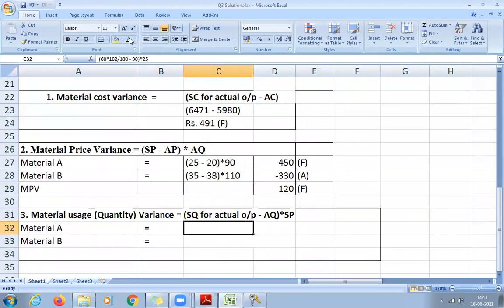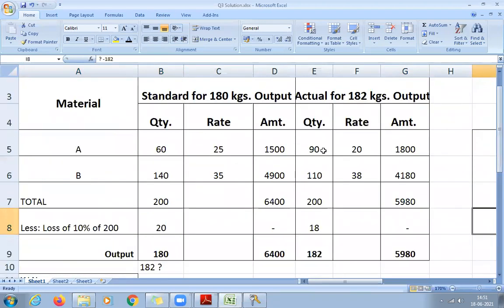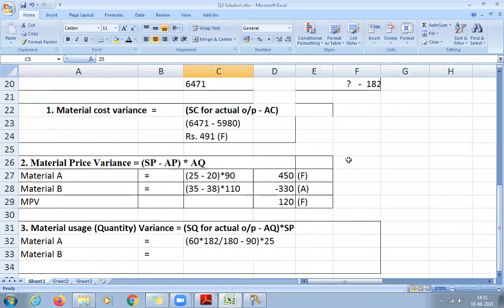So 60 into 182 divided by 180, and actual quantity for A is 90, and standard price is 25. Calculate how much you get. 1,517, sir?